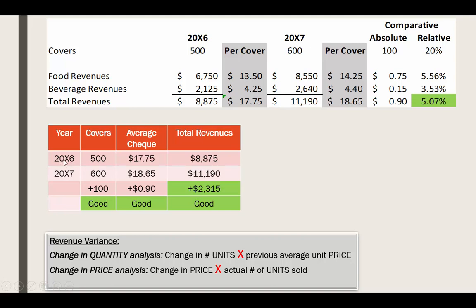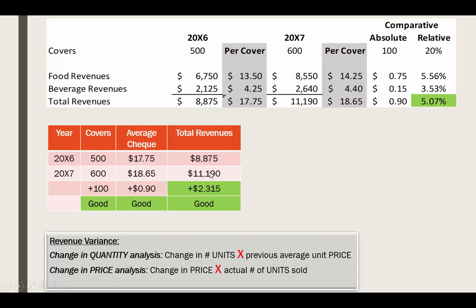If we take a look, in 2016 we had 500 covers. In 2017, we had 600. So we're up 100 covers. That's good news, right? We're bringing more business in. We're happy with that. If we evaluate our average check, we had $17.75 per customer in 2016 and $18.65 in 2017. If we look at our absolute difference, we went up by 90 cents. Again, I'm happy. This is good stuff.